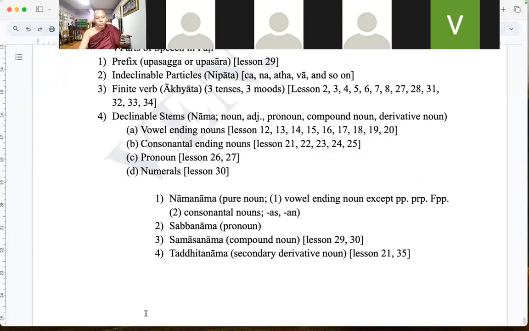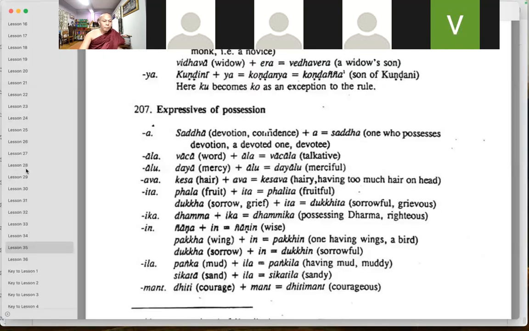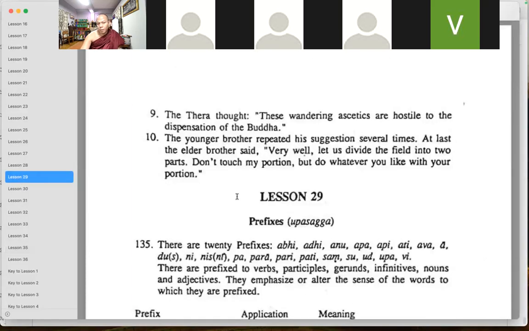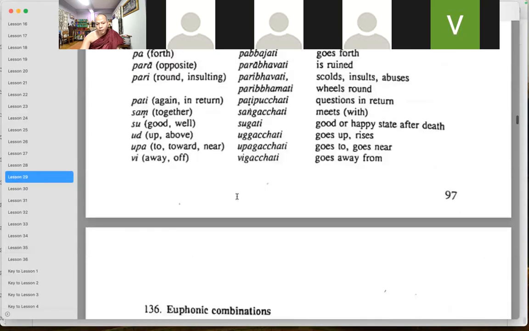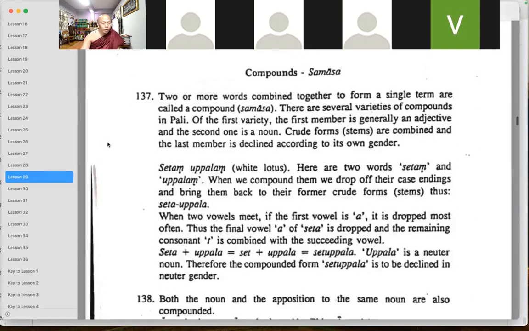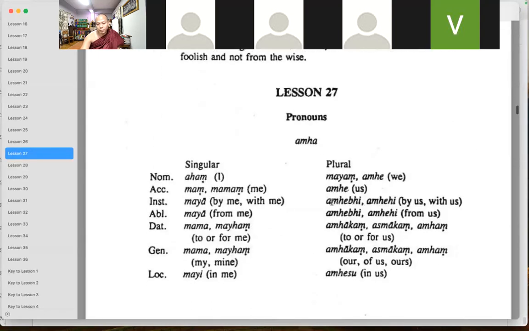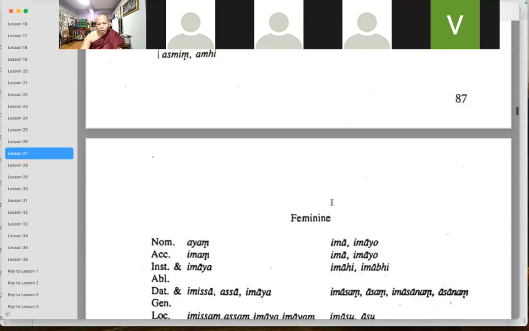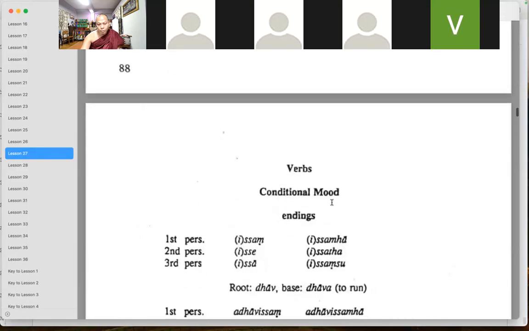Lesson 35. And also one part I remember that is under the 29 and compound noun, no? Maybe 27. Pronouns after the pronoun.